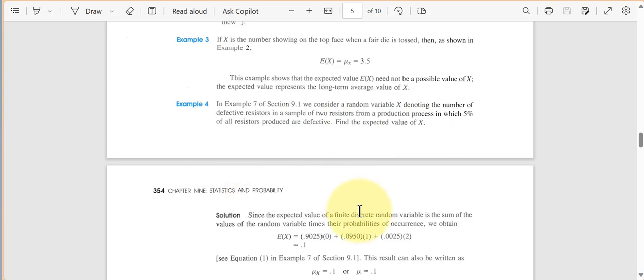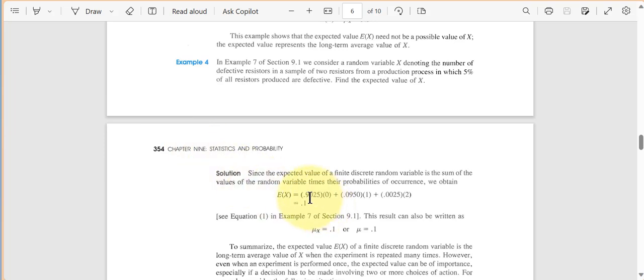Now, they already did this in the previous example in section 9.1, and they found that the probability of 0 defective is this number, and the probability of 1 being defective is this number. So this is much more than this, and the probability that both are defective is extremely unlikely. It's this number. So you can go back and check the calculations there. So now we just have to do this calculation.